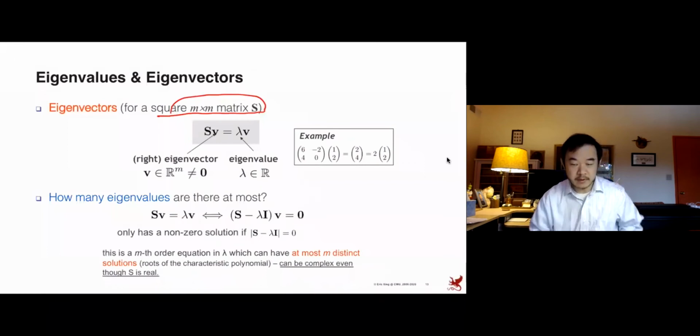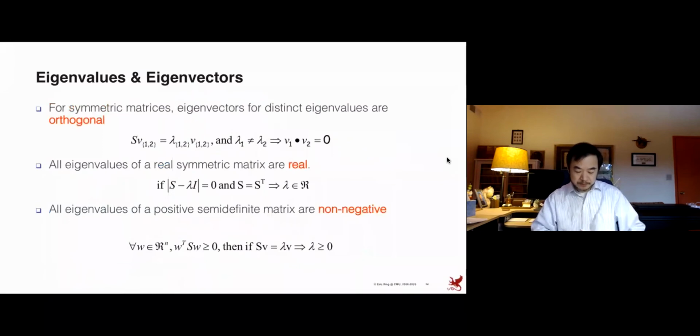There is a very simple mathematical proof which shows that for a matrix with rank M, you get at most M distinct solutions to this linear system. Therefore, you have at most M distinct eigenvalues and eigenvectors. I'm not going to prove it, but someone actually gave an answer already. That's great. If you are not familiar with this, you can take it as a fact and figure out why it is so in your after-class effort.